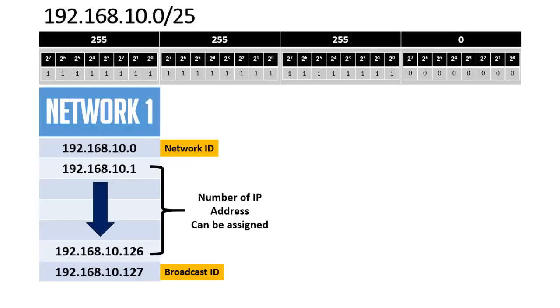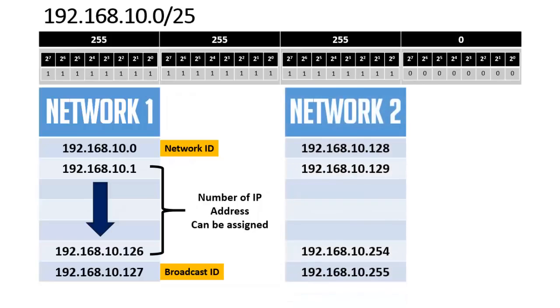Same as this, in network 2, the IP addresses start from 192.168.10.128 and end at 192.168.10.255.